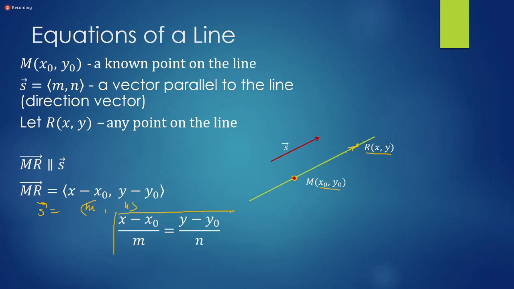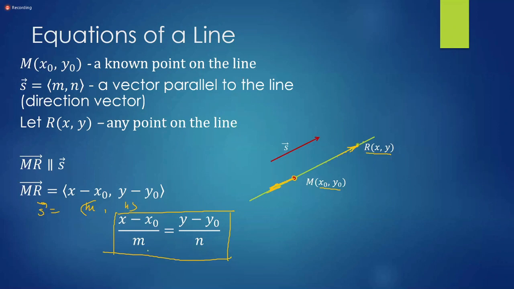The vector MR runs along the line in this direction, or perhaps in the other direction. It doesn't matter, because the collinearity is still in force; they are parallel or anti-parallel, that is, collinear, as long as I can write the vector MR as some number times vector S, or we can do it in this form.